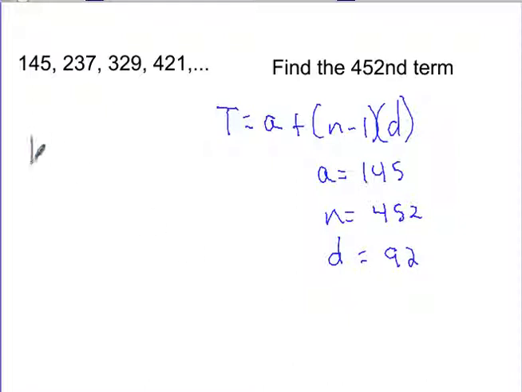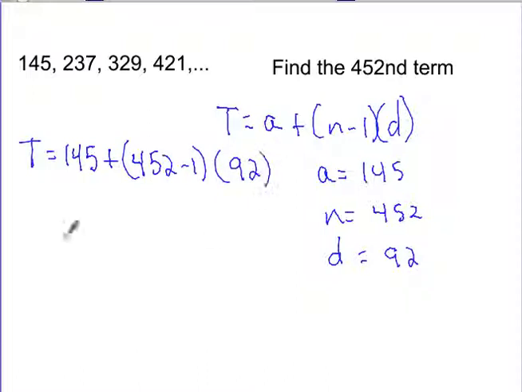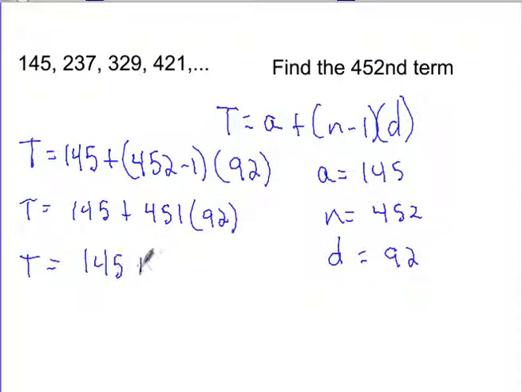T equals 145 plus 452 minus 1 times 92. Okay. So T equals 145 plus 451 times 92. That's a big number.